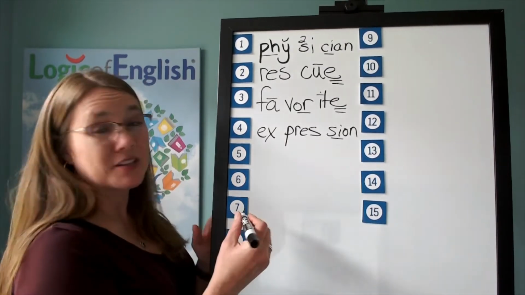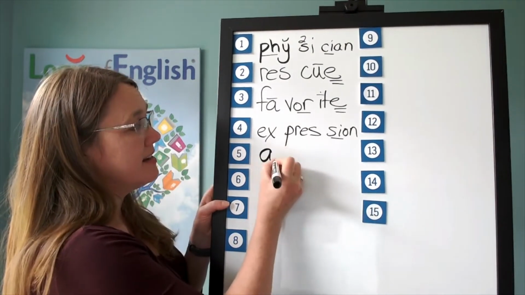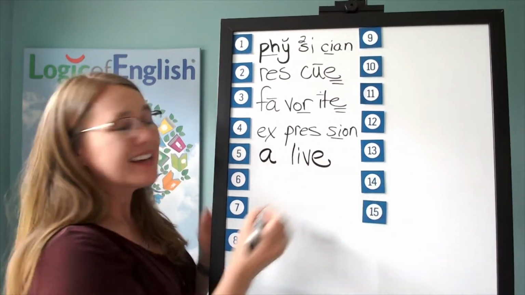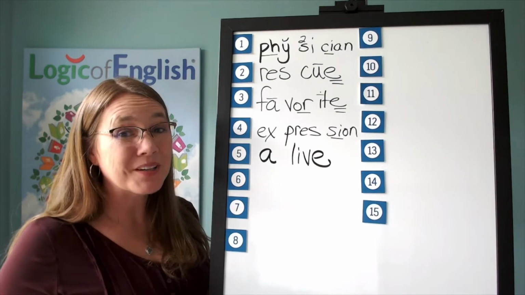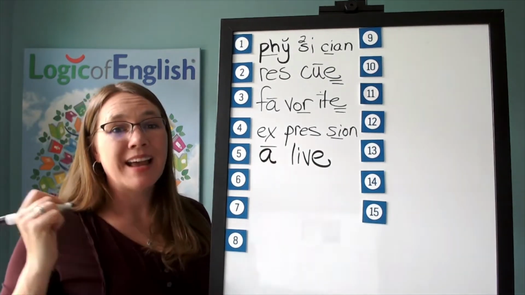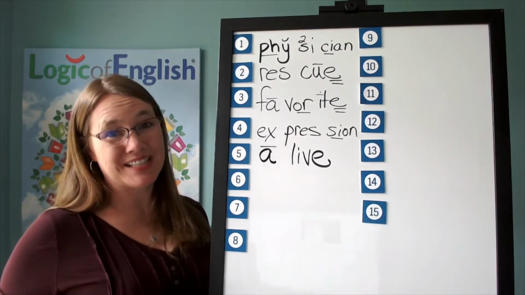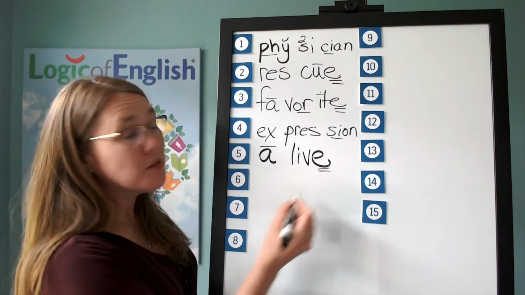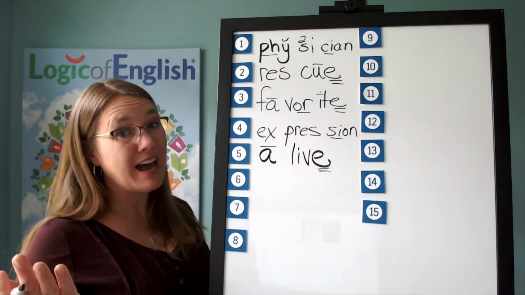And help me to write it. The first syllable is A. The second syllable is live. V. Silent final E. How do we mark it? We'll put a line over the A. Why did it say its long sound? A, E, O, U usually say their long sounds at the end of the syllable. And why do we have a silent final E in alive?